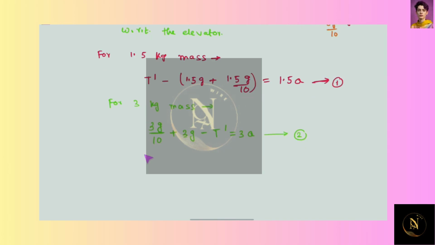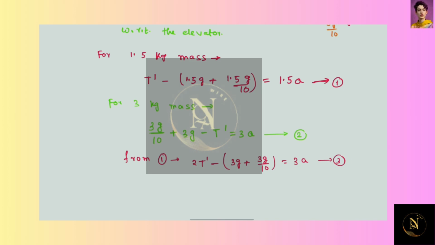By multiplying equation 1 by 2, we can write 2 T prime minus (3 g plus 3 g by 10) is going to be equal to 3a. So let's say this is my third equation.